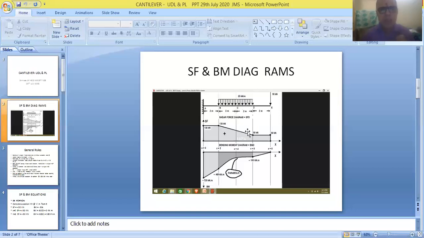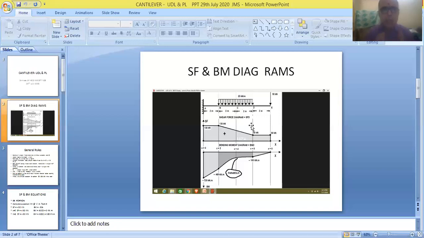And at this rate, for a distance of 4 meters, it will be exerting a load of 20 into 4, that is 80 kilonewtons. So at the rate of 20 kilonewtons per meter, it is covering a distance of 4 meters. It is acting for a distance of 4 meters. Therefore, 20 into 4 comes to 80.